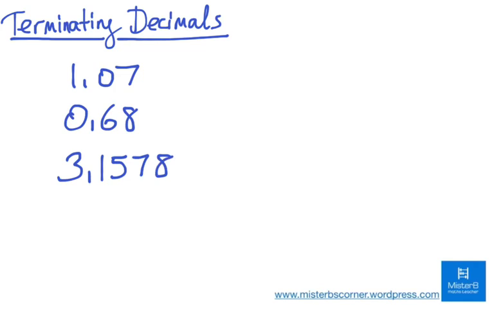It could be anything as long as it terminates, as in it doesn't go on forever up to infinity, right? So converting them to fractions is all about dividing them by powers of 10.